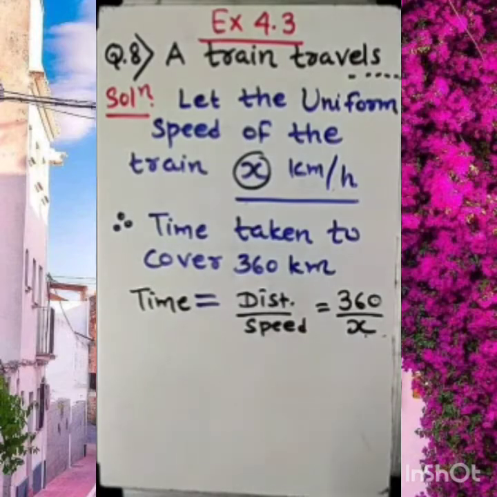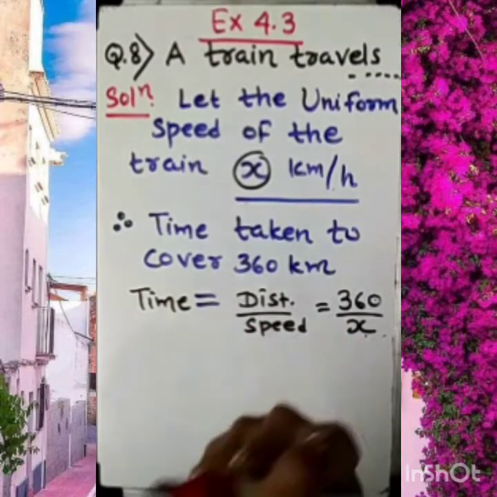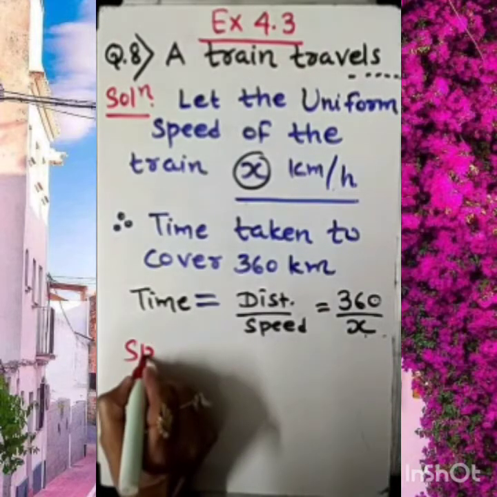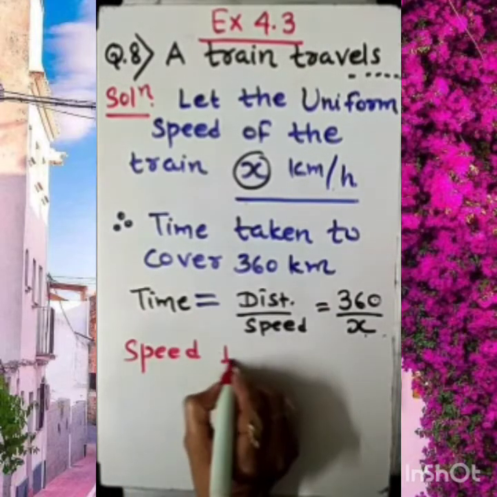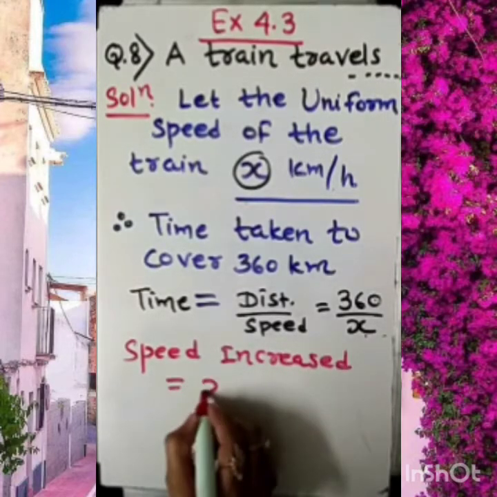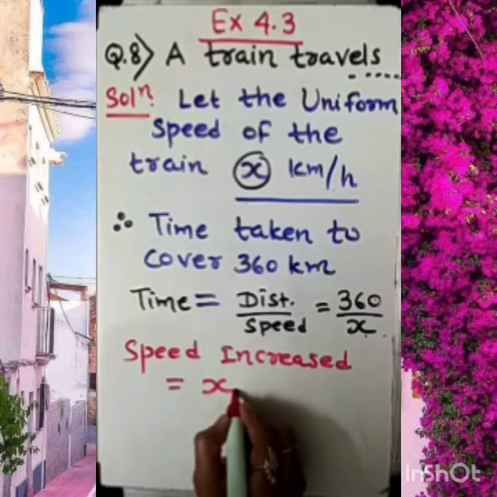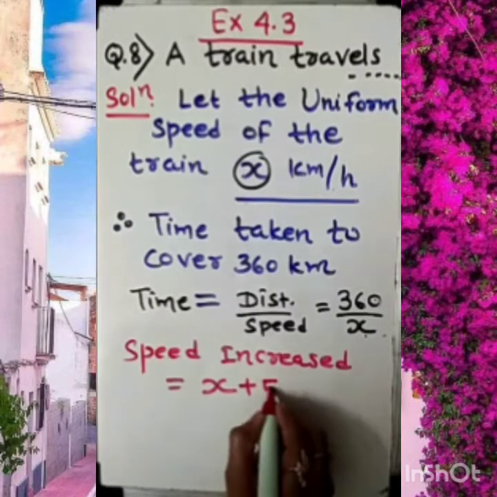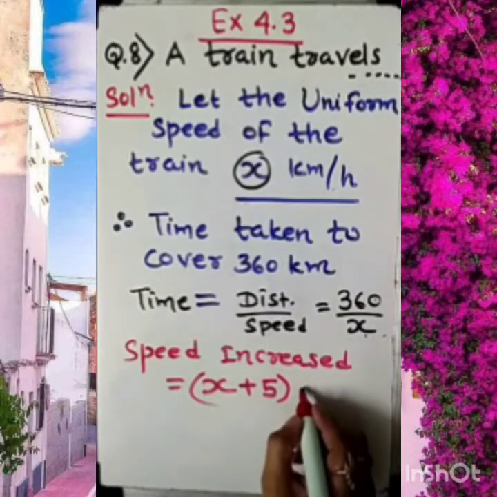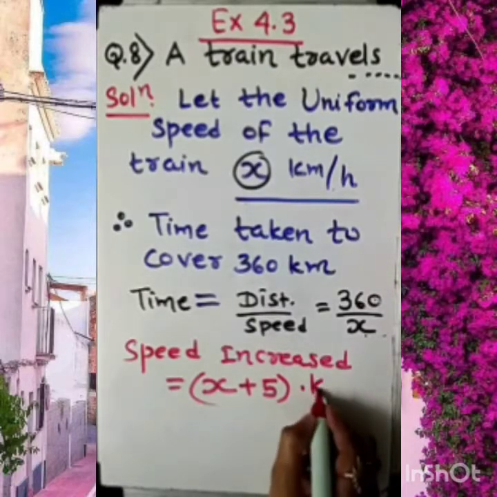Now we are given further the time taken to cover 360 kilometers when the speed is increased by 5 kilometer per hour. Speed increased indicates that it was x kilometer per hour in the beginning, and now 5 kilometer is the increment, so now the speed is x plus 5 kilometer per hour.